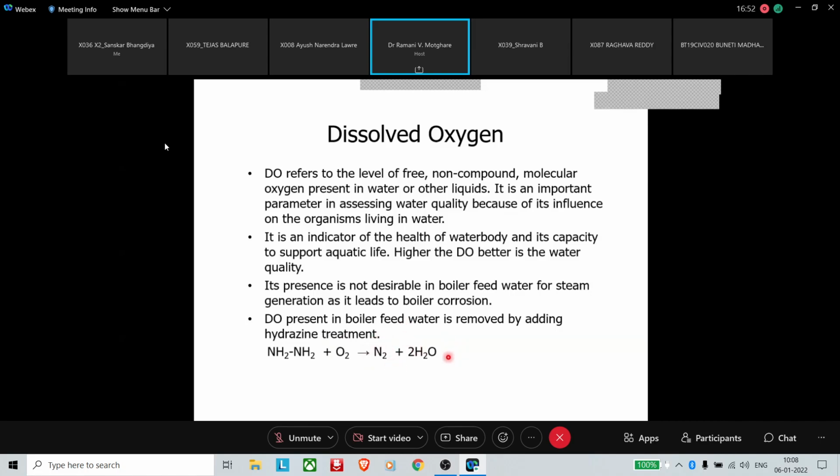So this is how you are not incorporating any total dissolved solids or any other thing, and you are getting an inert gas and H2O is formed. So this is the best method.